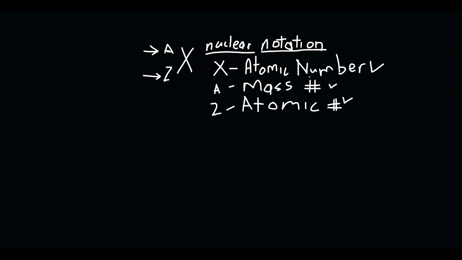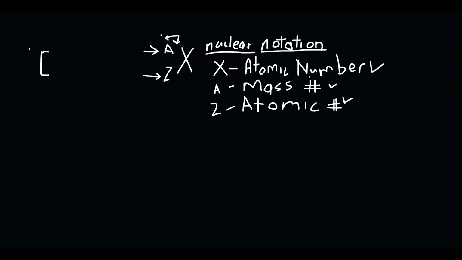So the idea is that when you're drawing it or writing it in the book, you put the mass number at the top, and the atomic number at the bottom, just like how you're seeing it arranged here.